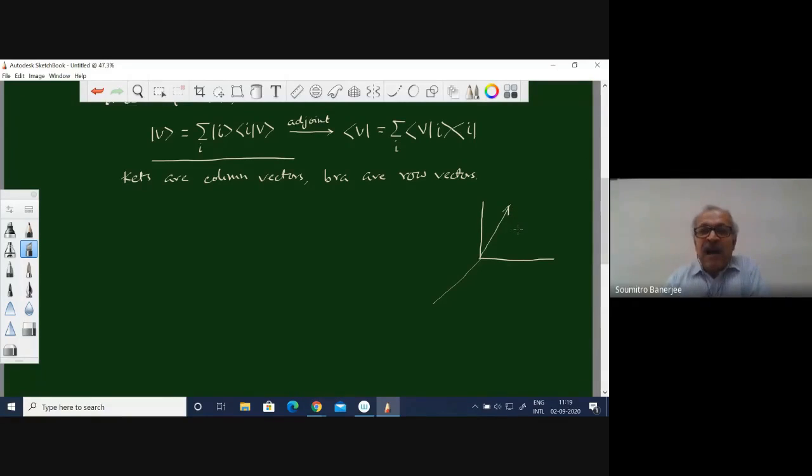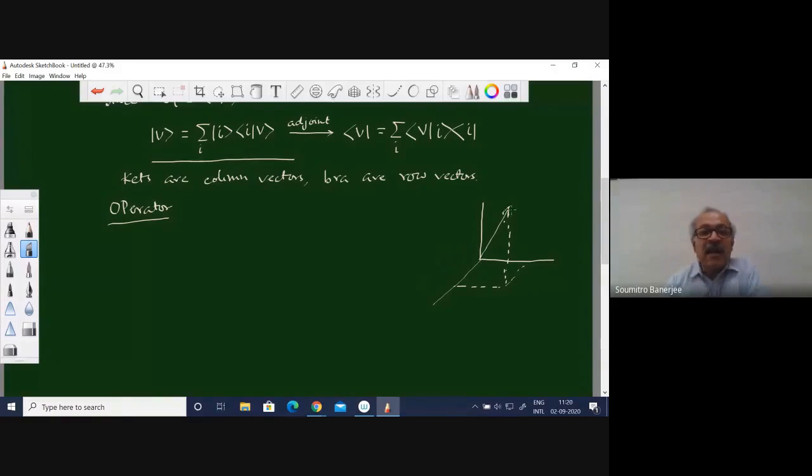Now, I want to know the operation of an operator. Here I can always get the projections, and those projections will tell us the values of the coefficients.